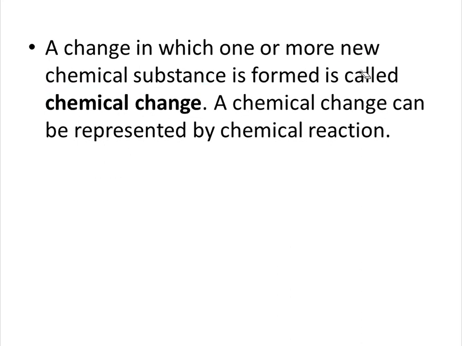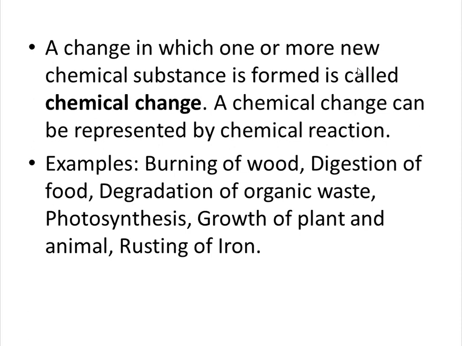Let's see those examples one more time: burning of wood, digestion of food, degradation of organic waste, photosynthesis, growth of plants and animals, and rusting of iron. Now here what is happening is that a substance is converted into another substance, like say a substance A is converted into another substance, say B.